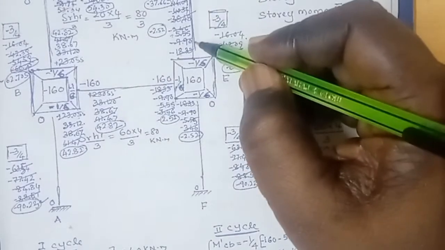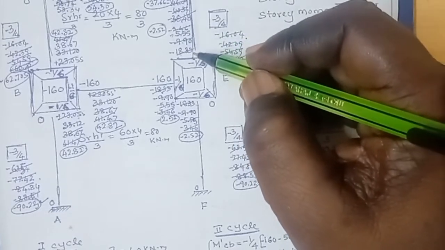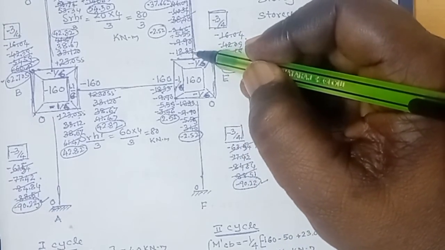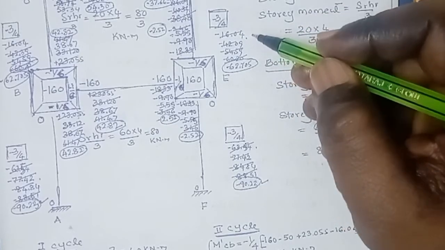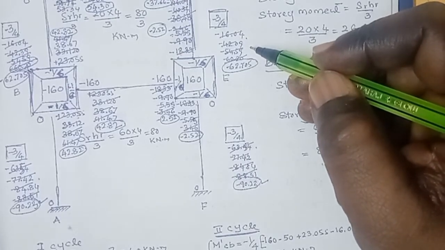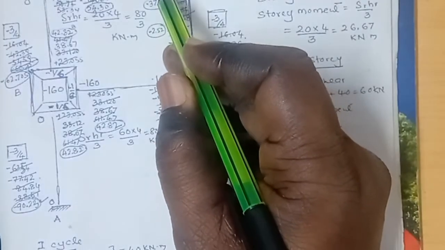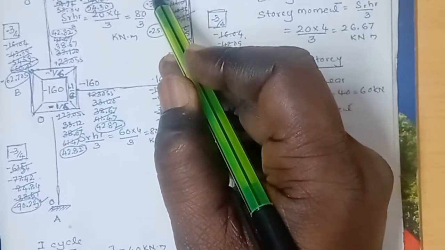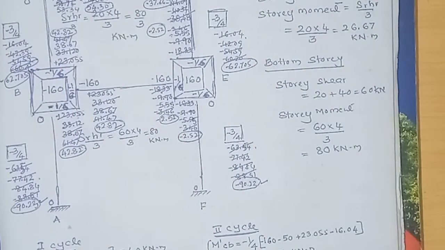Then from other end, that is minus 18.33, plus the displacement contribution, that is minus 16.04. After simplification, you will get minus 44.09. Strike out the first cycle value and then write minus 44.09 for the member DC.